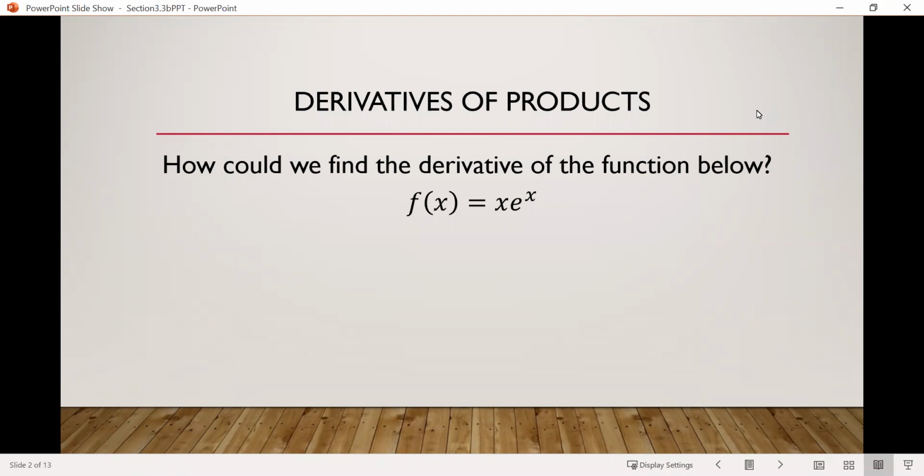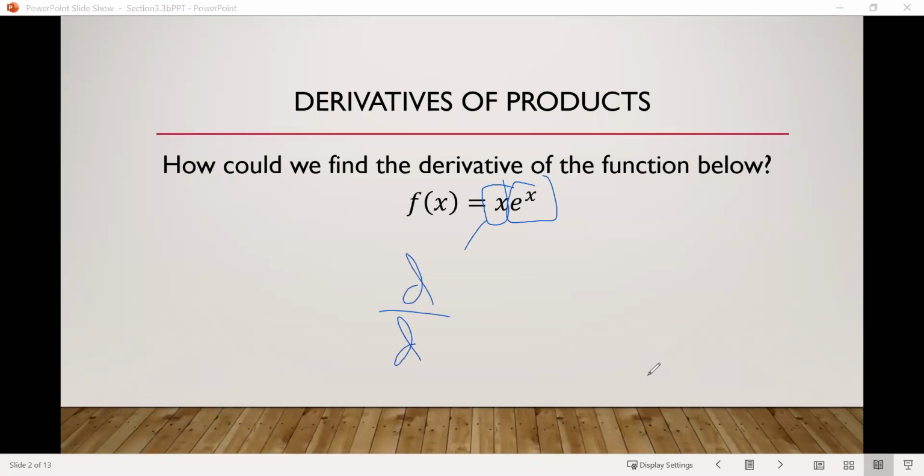So we have the function f of x equals x times e to the x, and we want to know how to find the derivative. Well, we do know how to find the derivative of each of the functions we see here individually. So if I broke this apart into the function x and e to the x, well, we've already learned how to take the derivative of those each, right?